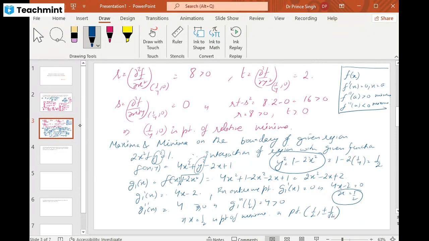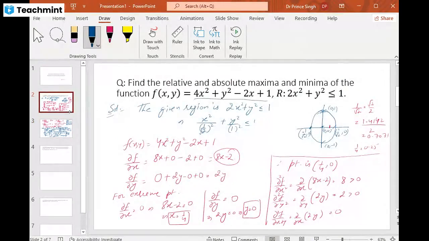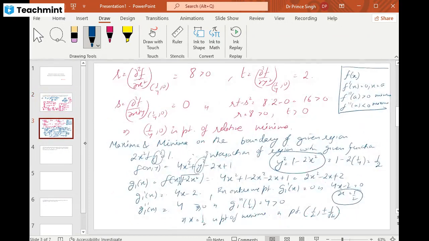Because the value of y varies from minus 1 to 1, it means that this point lies within the given region, right? Basically, this point falls on the boundary of the given region, because we have already considered the point of intersection of the surface with the boundary of the region. So this is the point here.